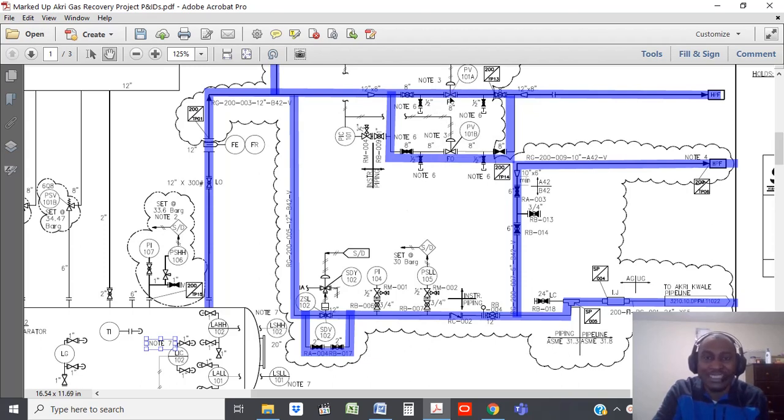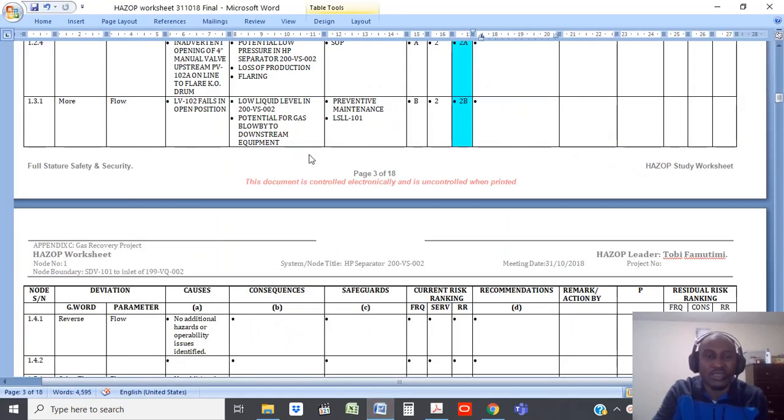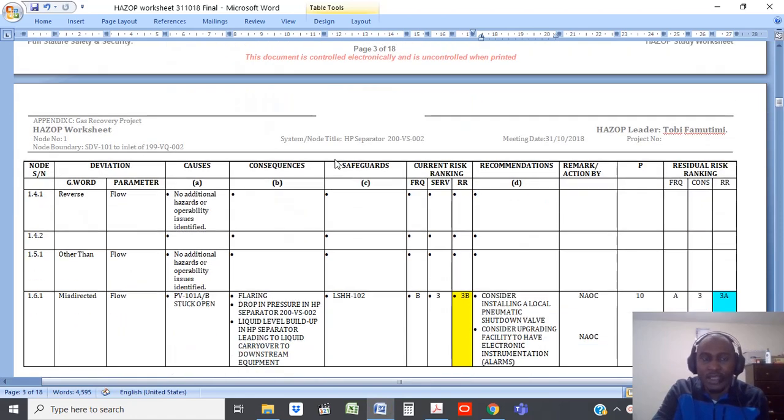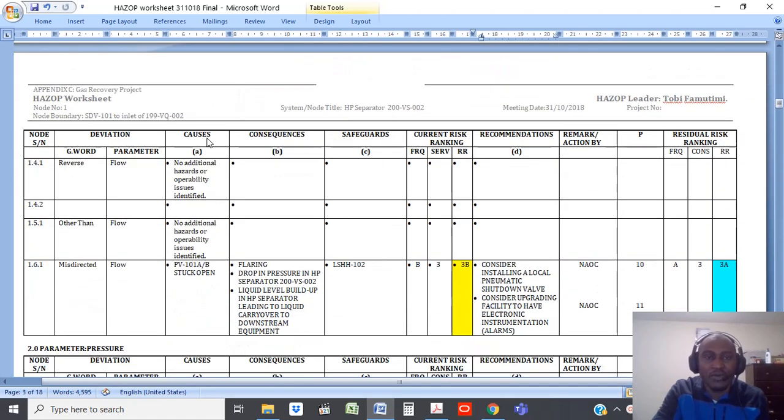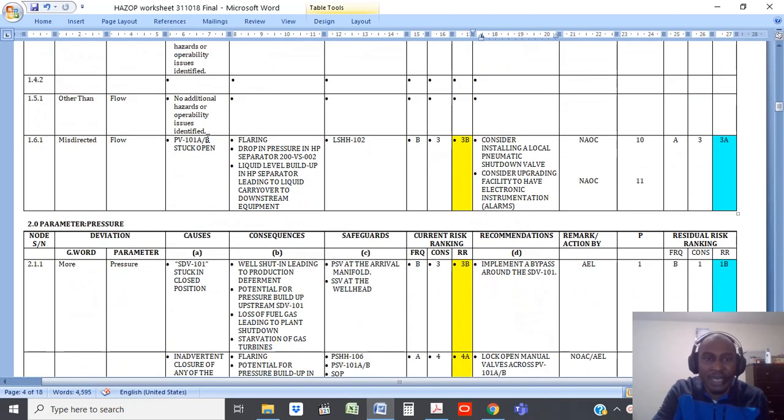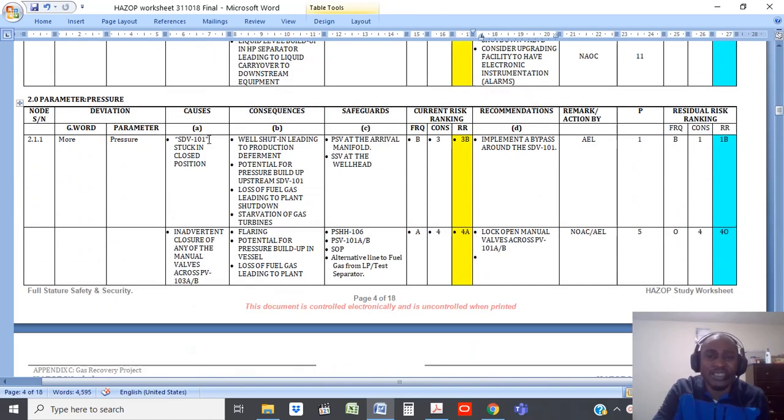Now you have one that's no longer listening to the logic controller, and it's just stuck in open position. You have so much going out, and that could lead to a vessel imploding, or there are so many other consequences. So that would be more flow in the wrong direction, or you could call it a misdirected flow.